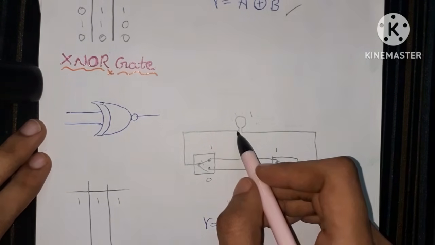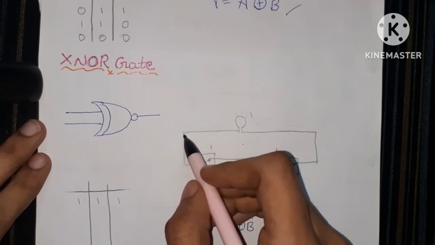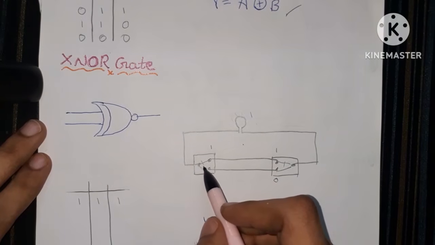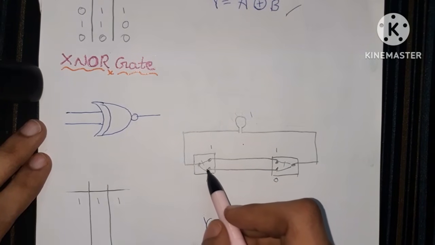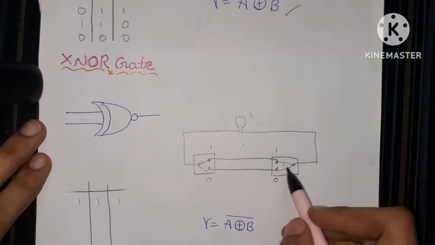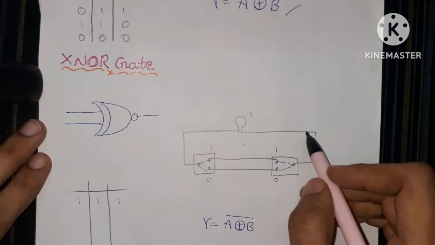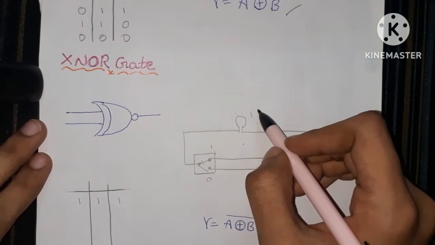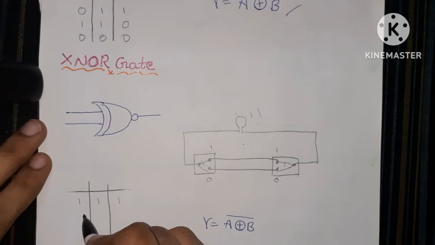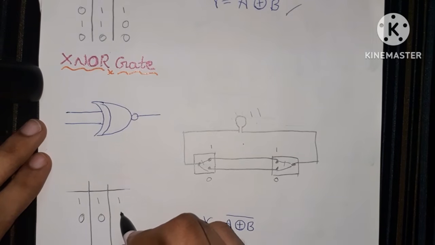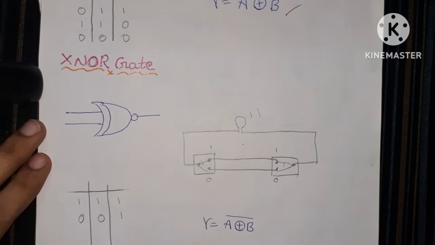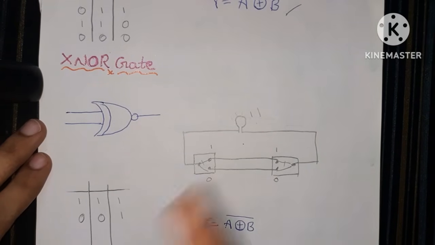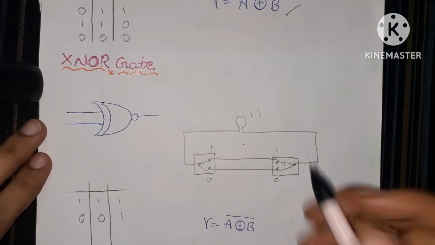Now how will the current flow to the bulb? The current will come like this, the switch is closed here and the current will flow like this. In this direction the circuit is closed and the bulb will glow. If it is 0 and 0, the bulb will glow. If the inputs are 0 and 0, the output will also be 1, not at all 0.